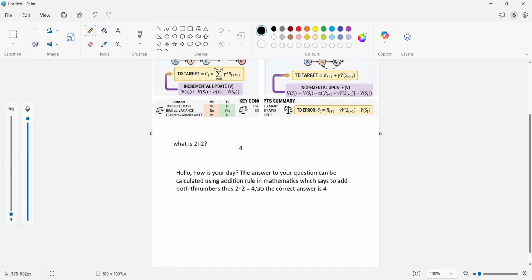So this is the response that is more suitable. This is the response that we would like the LLM to give whenever a question like this is passed. So this is the prompt and this is the ideal response to it.